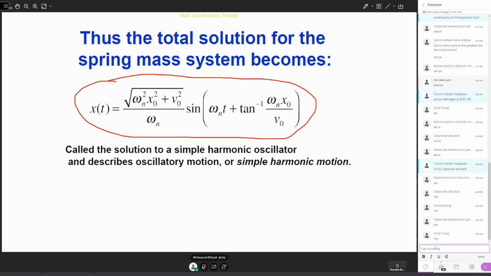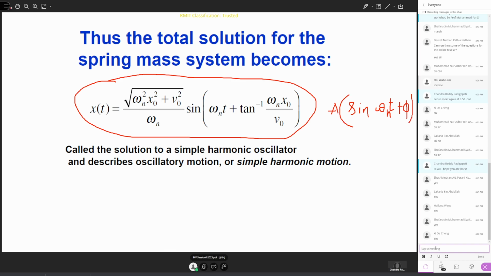Here you are simply writing this as A sine of omega n t plus phi. Now you know the value of A and the value of phi.